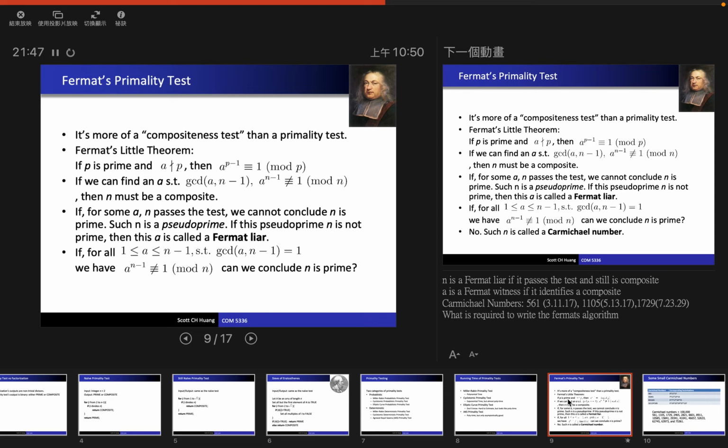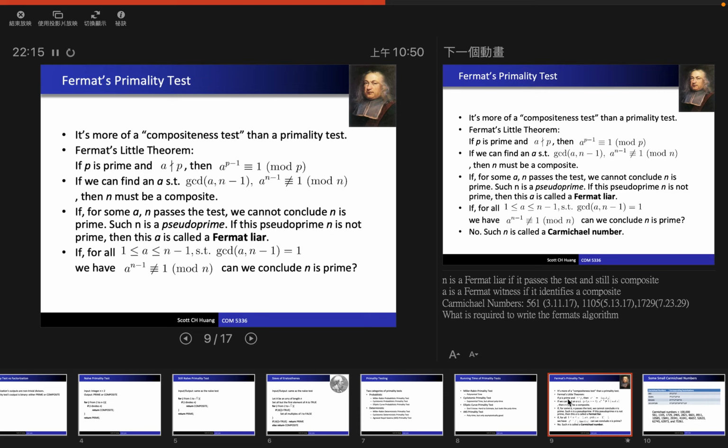This is a theorem in number theory, Fermat's little theorem, in which you have a prime number, and this theorem holds if p is prime. So the logic tells us, if this theorem does not hold, then p must not be prime. Just be careful with the logic.